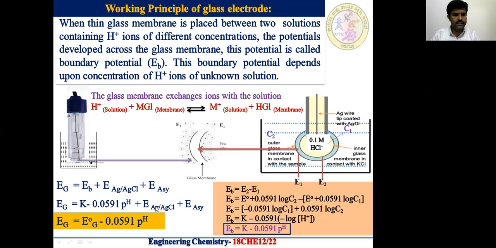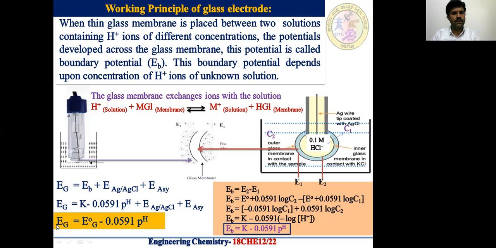Hence all these constant values I will write as E0 G. So instead of K, E Ag bar AgCl, and E asymmetric, I have written E naught G minus 0.0591 pH. So this is the electrode potential of glass electrode.